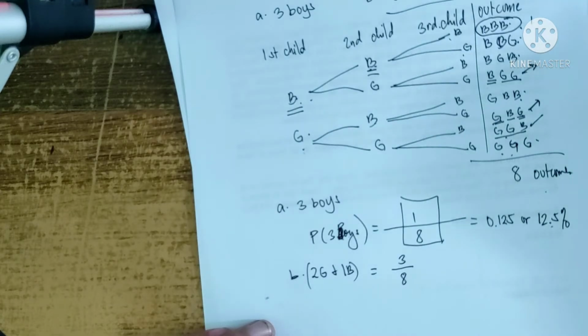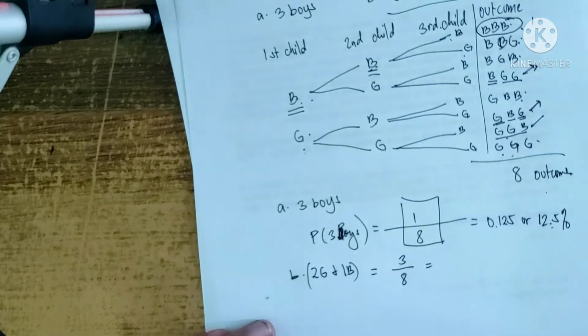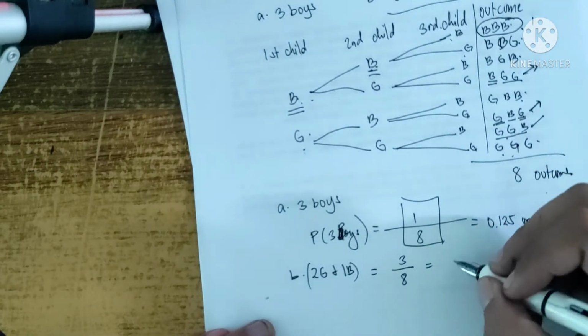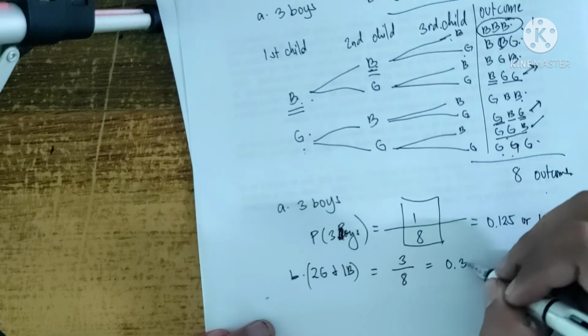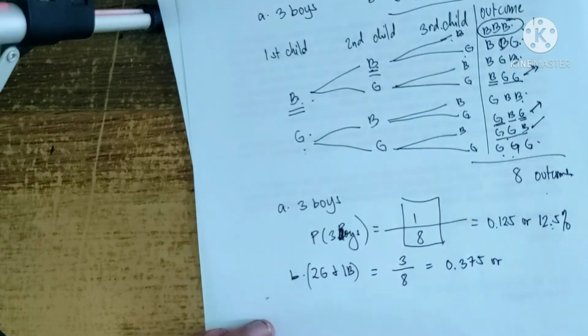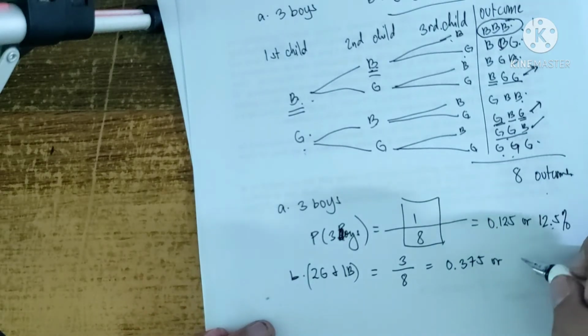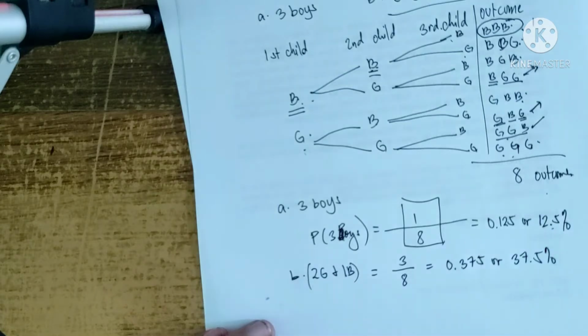Okay? So, si 3 over 8 magiging, or in decimal number, we have 0.375. Okay? Or, in percentage, you have a possibility of having 2 girls and 1 boy sa tatlong children na to is 37.5%. Okay?